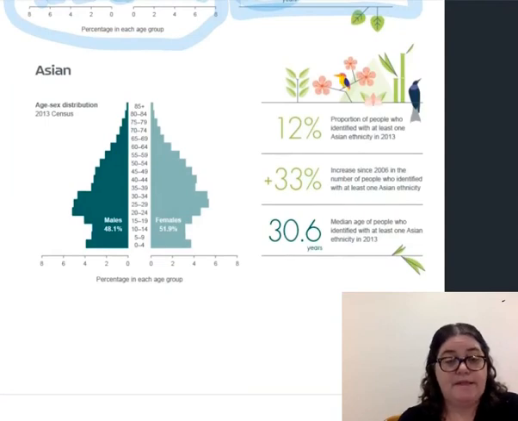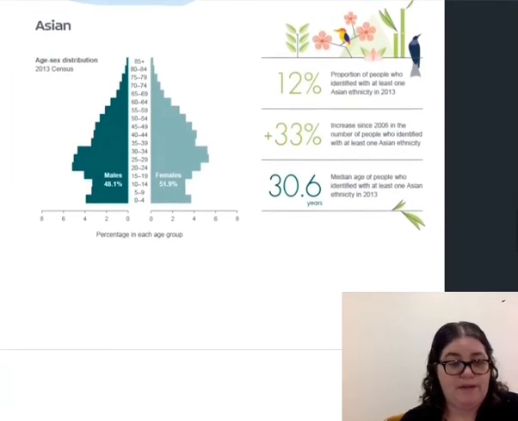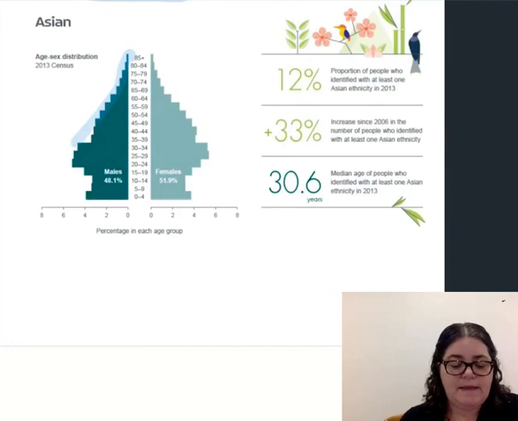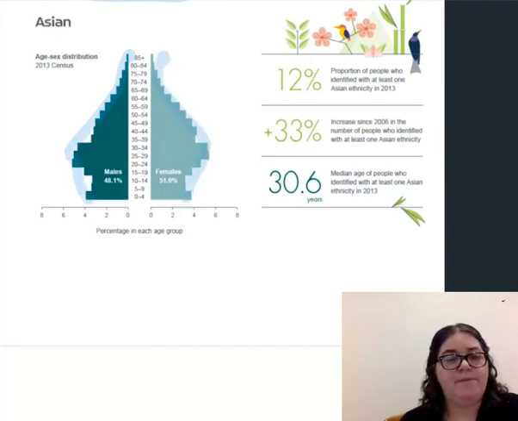As a comparison to that, here is the graph of the Asian population at the 2013 census results. We can see at a glance there is a different shape to that of Pacifica people. We notice now that for Asian people, in that middle age group, 20s to 30, there was a much greater number of people.